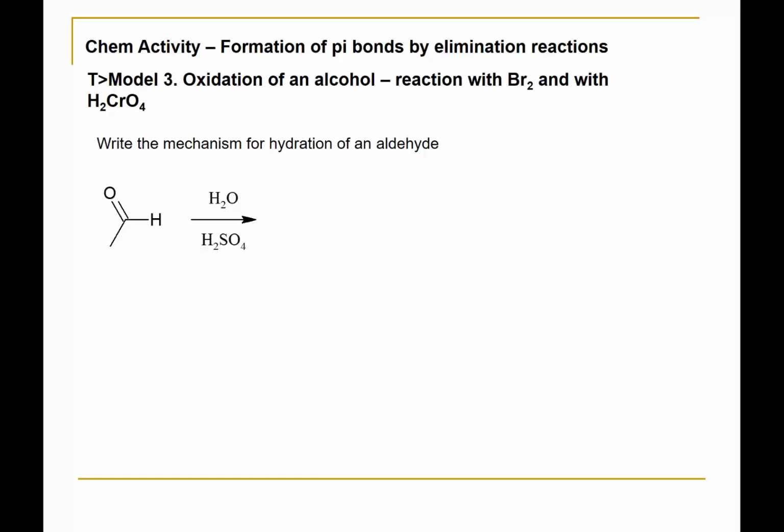Now, in this particular case, because water is a poor nucleophile, what we need to do is make the carbonyl carbon very attractive to that water molecule. And so this is done in the presence of acid. Effectively, what's going to happen is we're going to protonate the oxygen of the aldehyde.